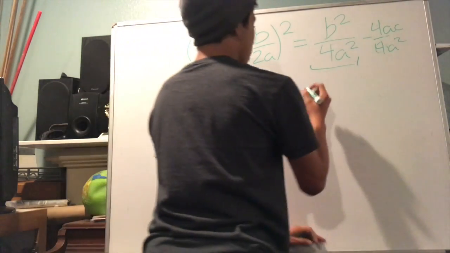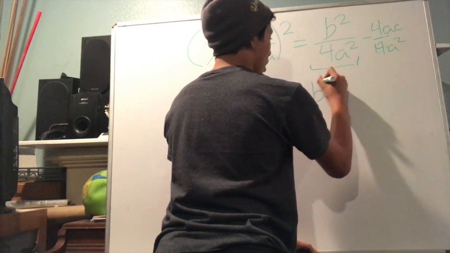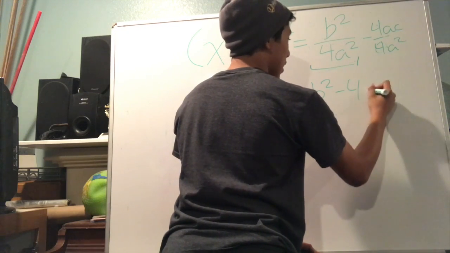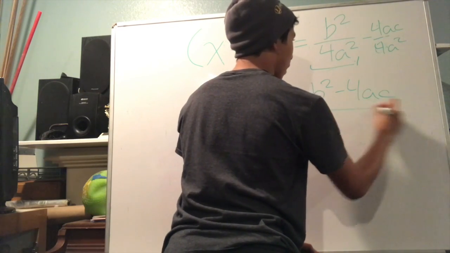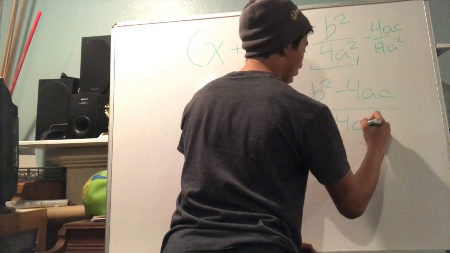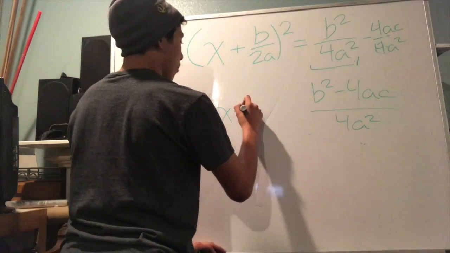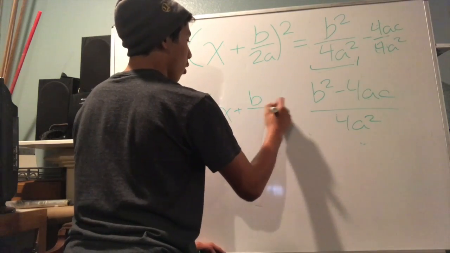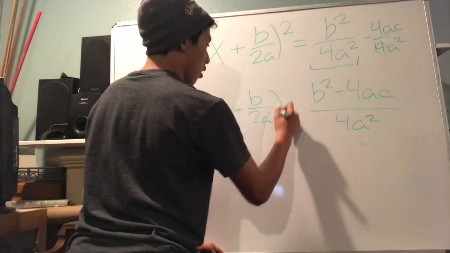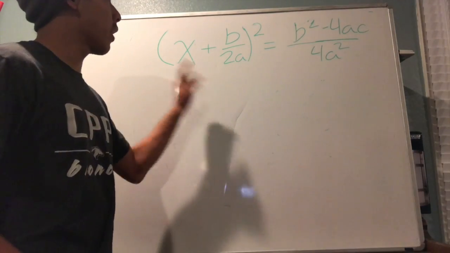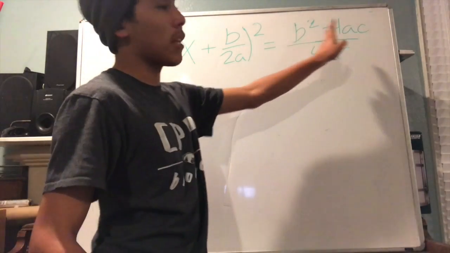So now we have b squared minus 4ac divided by 4a squared, which is equal to x plus b over 2a squared.